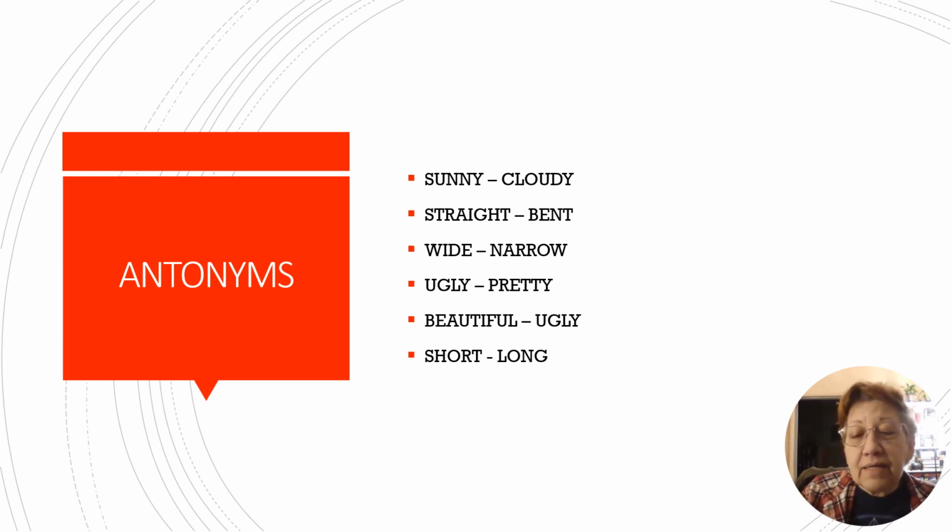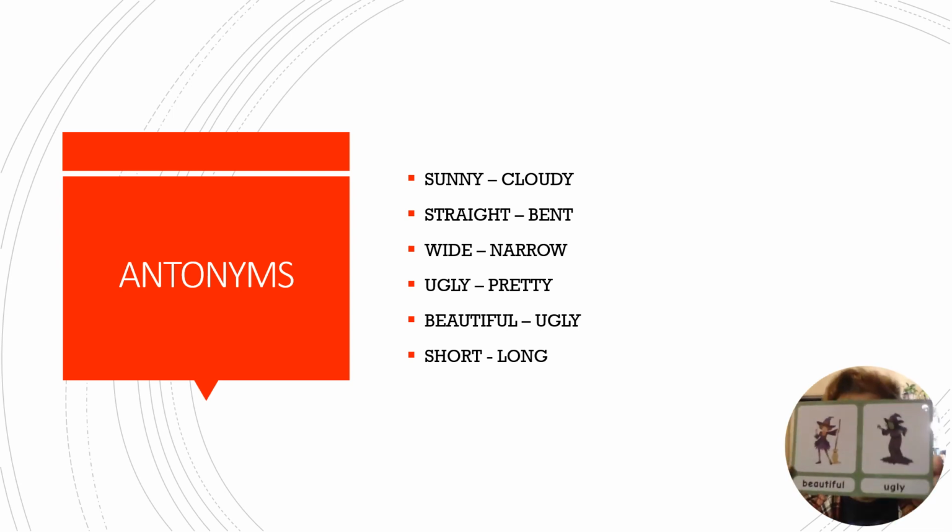And in this instance, we're going to look at costumes. So we have a beautiful witch's costume and we have an ugly witch's costume. Let's look at them. See the two costumes for Halloween? So we see the beautiful witch's costume and then we see the ugly witch's costume, right?